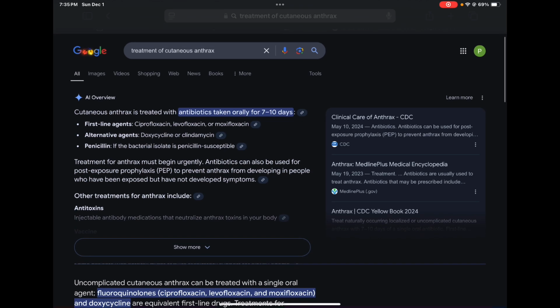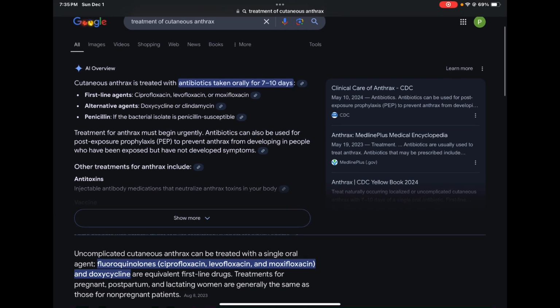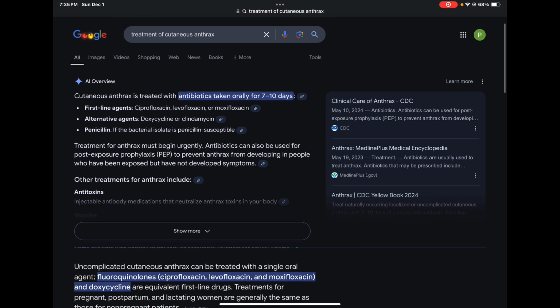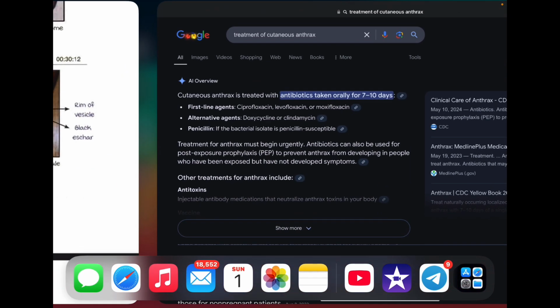Antibiotics taken for 7 to 10 days. First line is ciprofloxacin, levofloxacin, moxifloxacin. So that is the treatment. Scrub typhus, doxycycline.